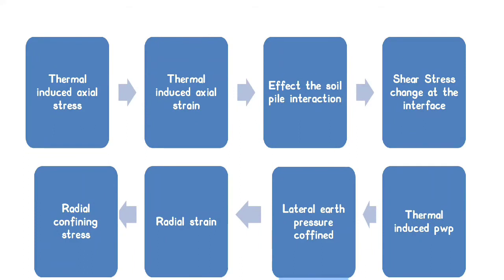That, together with the effect of temperature on the lateral earth pressure coefficient, as well as the thermally induced pore water pressure, will altogether induce a change in the radially acting confining stress.